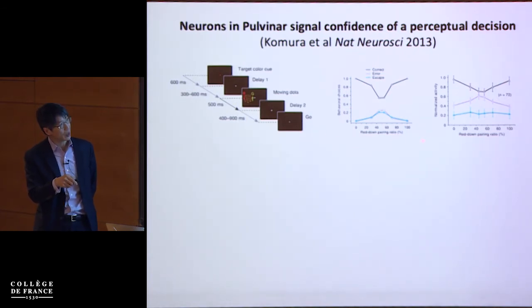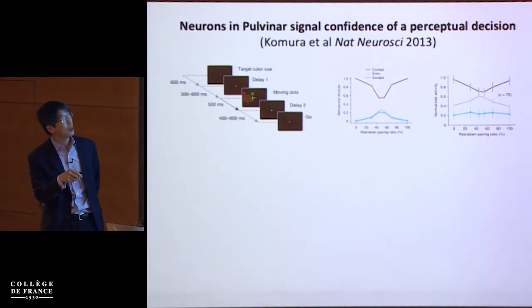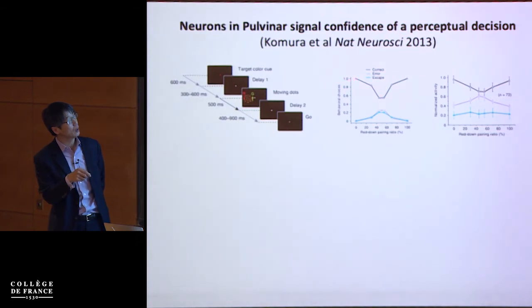Basically, along the x-axis, the task is easy on the left and right, and hard in the middle, right? And you see that the performance is high over here and here for the monkey, and low over here. And also the rate of making mistakes is the opposite, right? So you tend to make more mistakes in the middle, as shown here.